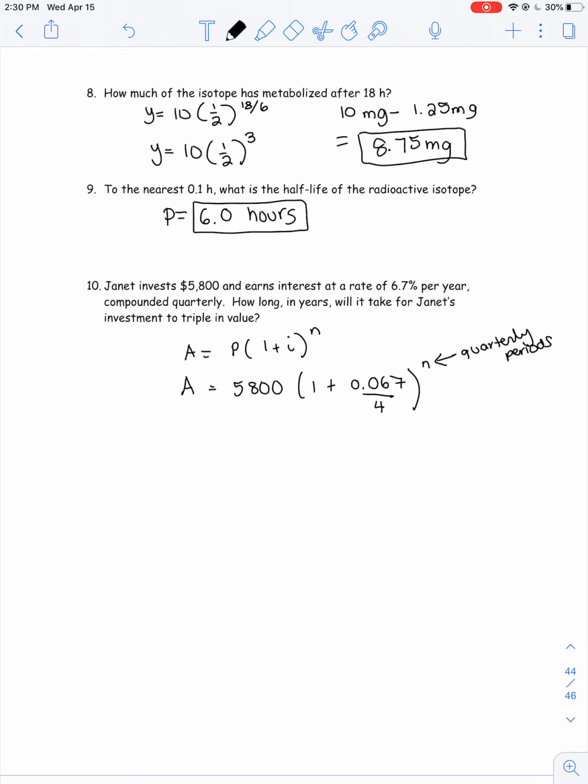Okay, so we're going to put that into our calculator. And we're just going to simplify the 1 plus 0.067 divided by 4. So we're just going to simplify a little bit before we go on.